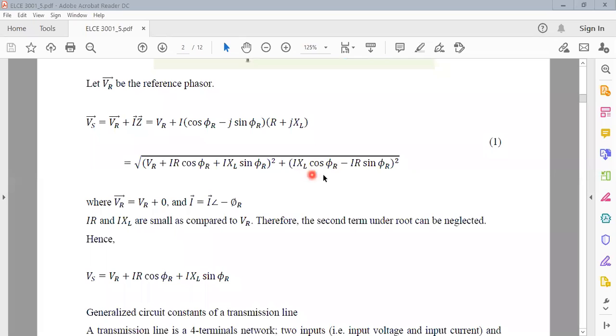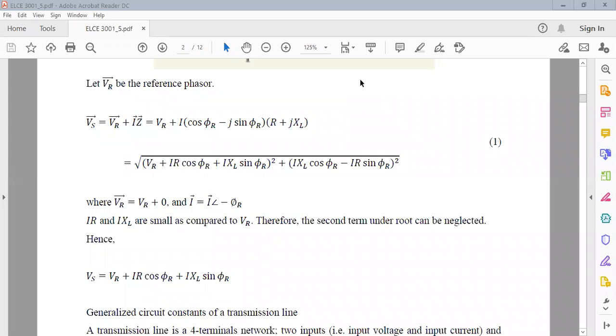Now, if this term is neglected, the square root will go with 2, and we will have VS equals VR plus IR cosine theta R plus IXL sine theta R. This is when we are dealing with short transmission lines.